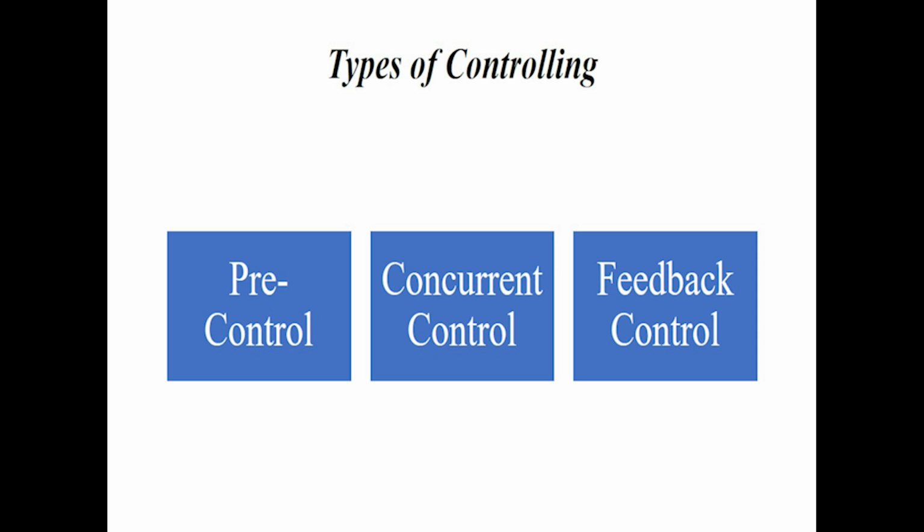So, it is a preventive control system that will let the managers prevent problems before they actually occur. Pre-control predicts the problems that the organization may face in the future and also tries to identify how these problems can be solved before they arise.